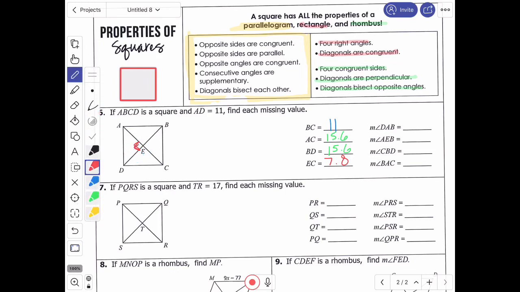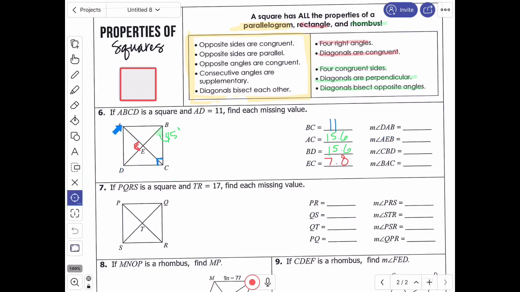And then on the square itself, there's a 90-degree angle at each corner. And then since my diagonals are bisecting the angles, that's creating 45-degree angles at all of these little spots in here. Okay, so hopefully that makes this pretty easy for the angles.